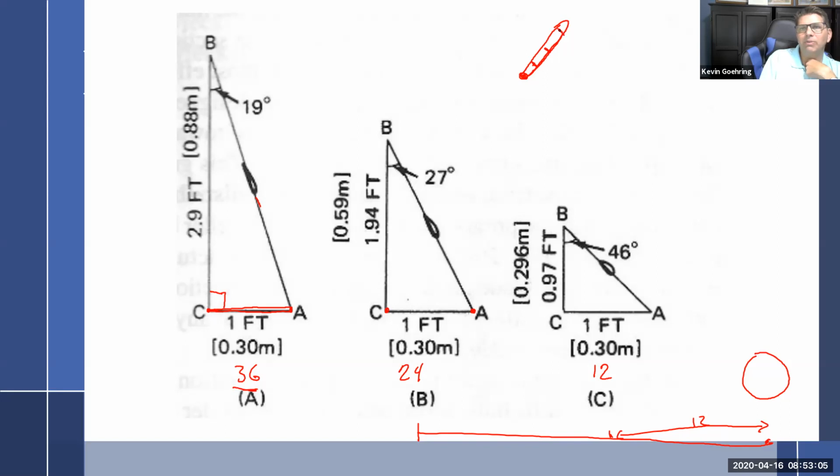The plane moved forward 1 foot, and the tip moved 2.9 feet. This one only had to travel 1.94 feet. This one only had to travel 0.97. Hopefully you can see that.